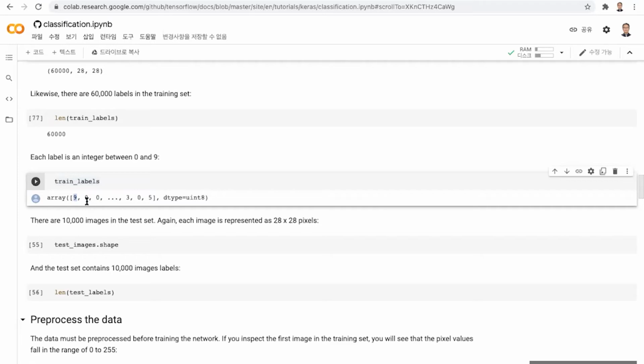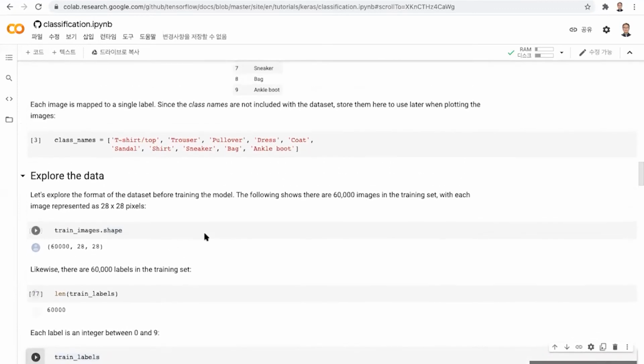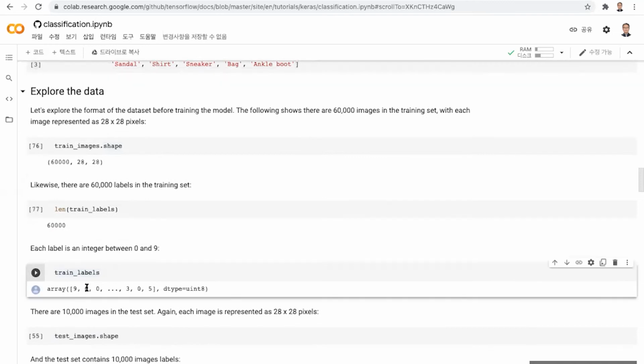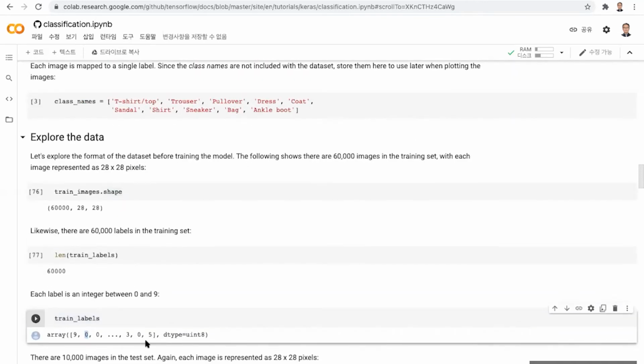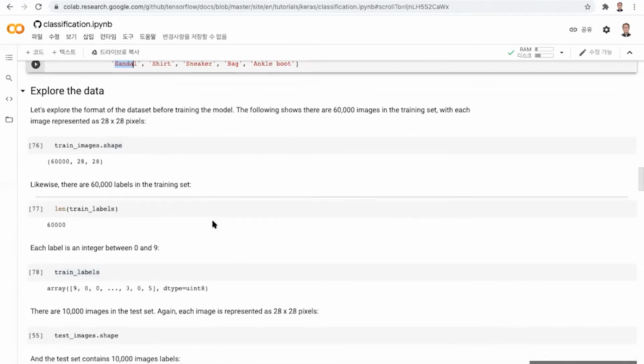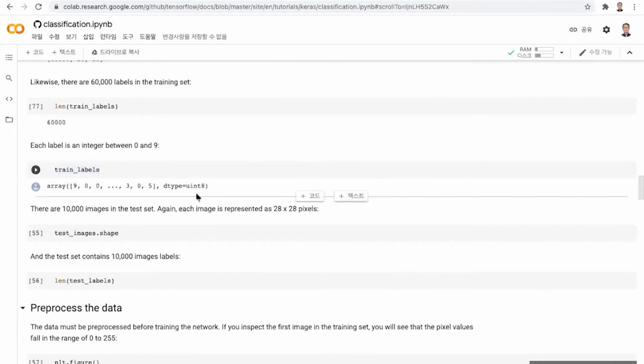Each number corresponds to its name, so 9 is ankle boot. That means the first image's class is ankle boot, and the second one is t-shirt, and the last one of the 60,000 is 5. So 0, 1, 2, 3, 4, 5: it's sandal. So we have the X dataset, and we have labels, which is our Y.